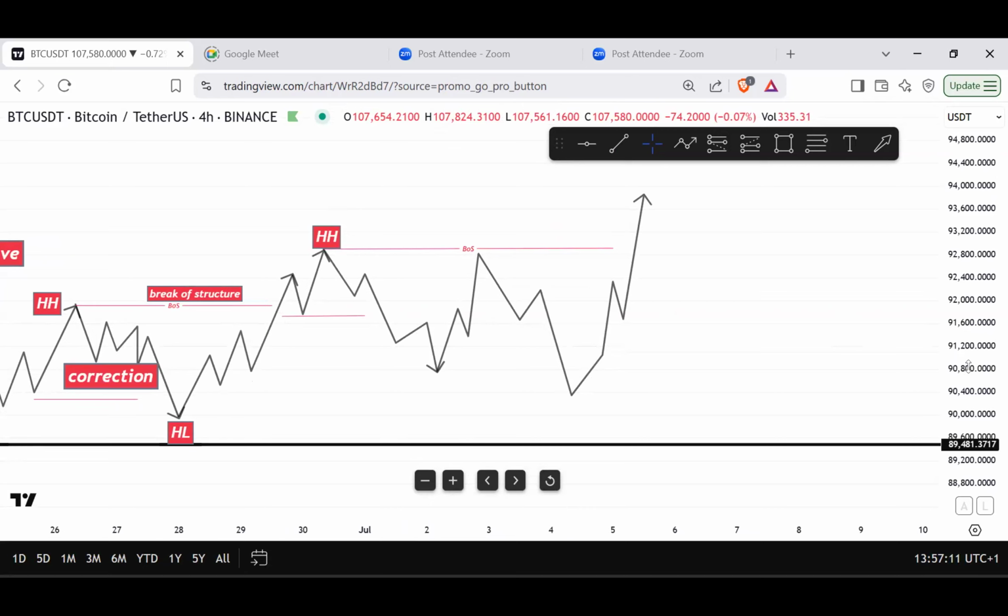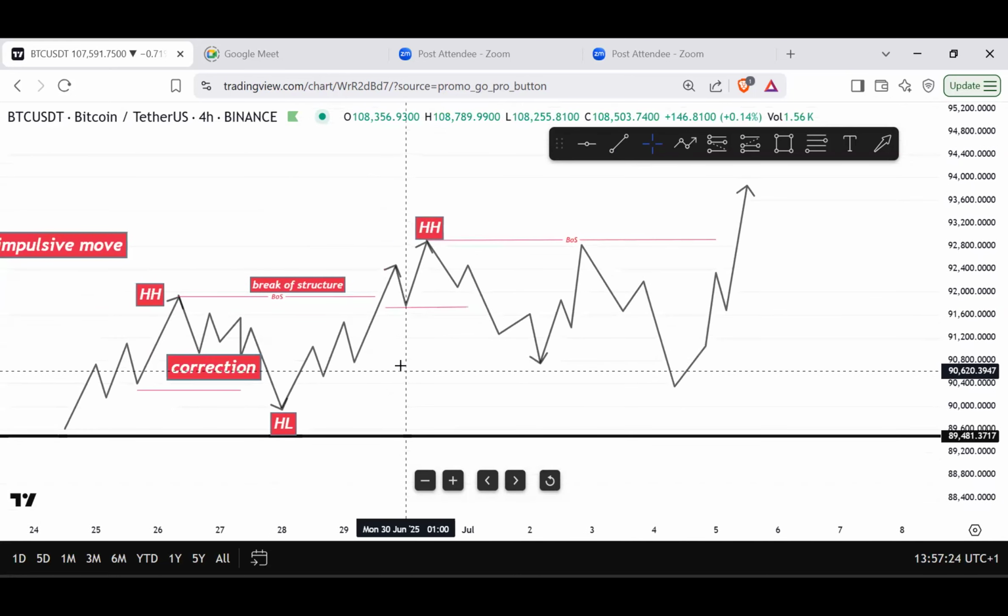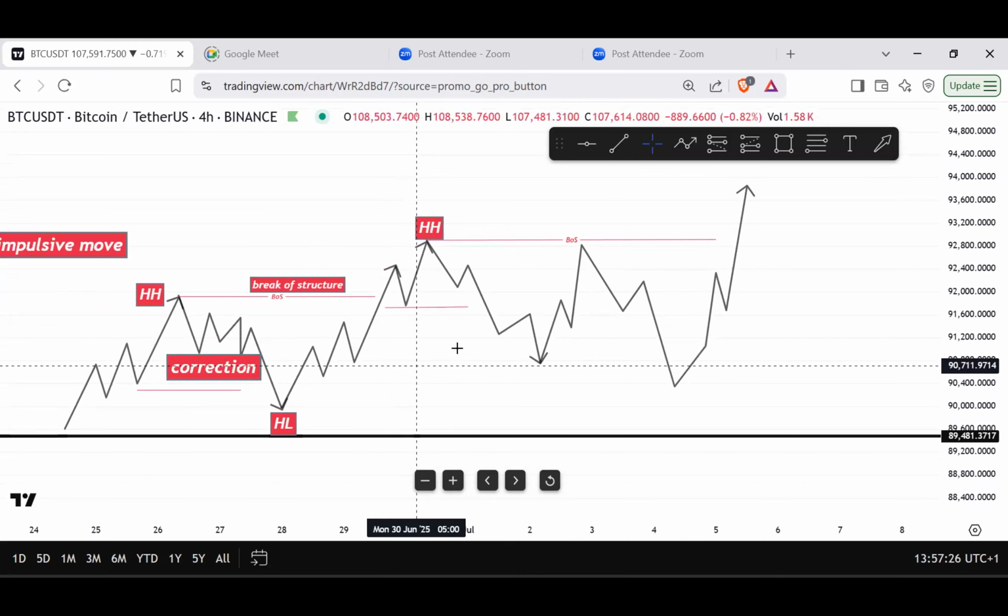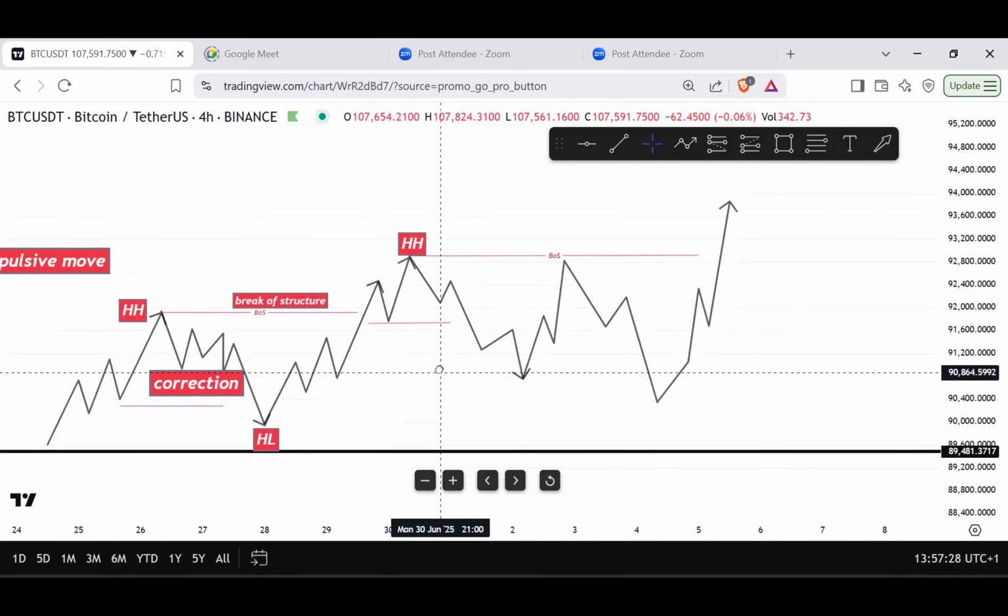Is it when it's doing the correction or when it's doing the impulse? That's the next session we're going to be talking about. I've understood this market structure. It will always be like this, either down or up. On the fundamental level, yes, this is what the market is.